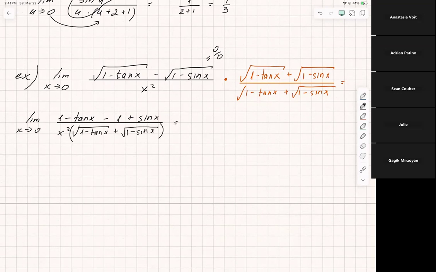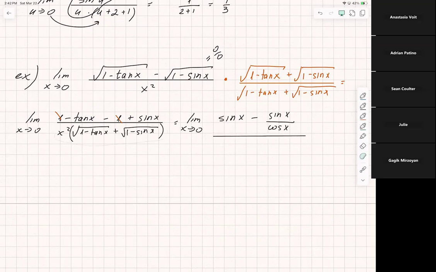Okay, now these get canceled and we have a negative tangent plus sine. So let me first write the limit as x approaches 0. Let me first write sine x minus tangent x, but let me write it as sine over cosine, okay? So I have sine x over cosine x, and then I divide by the same expression on the bottom.